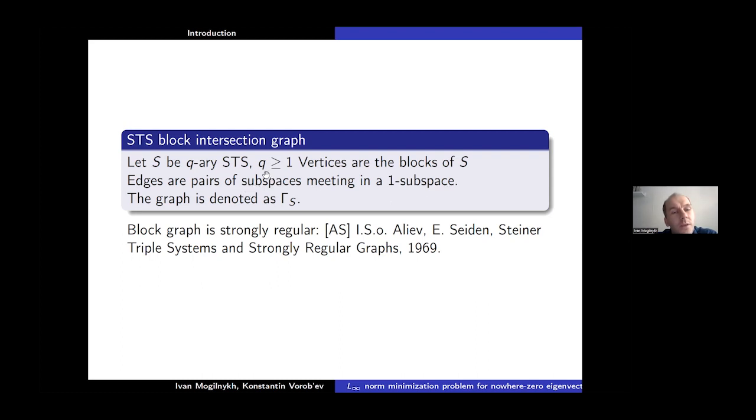When we have q equal to 1, we have the block intersection graph of classical Steiner triple systems, and we have sets instead of spaces in the definition. It is well known that this graph is strongly regular. For the q-ary generalization, the explanation is more or less the same.